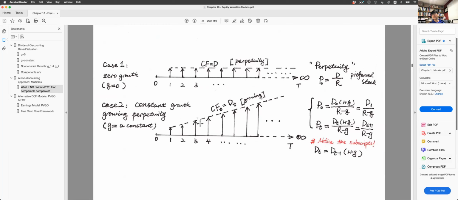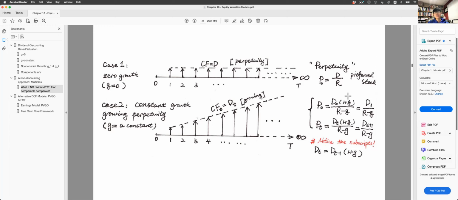This is also named the Gordon dividend growth model, so that it captures the idea where, in a healthy financial condition, firms constantly pay constant growth, growing dividends. So you're going to constantly pay back to the investors with growing dividends.